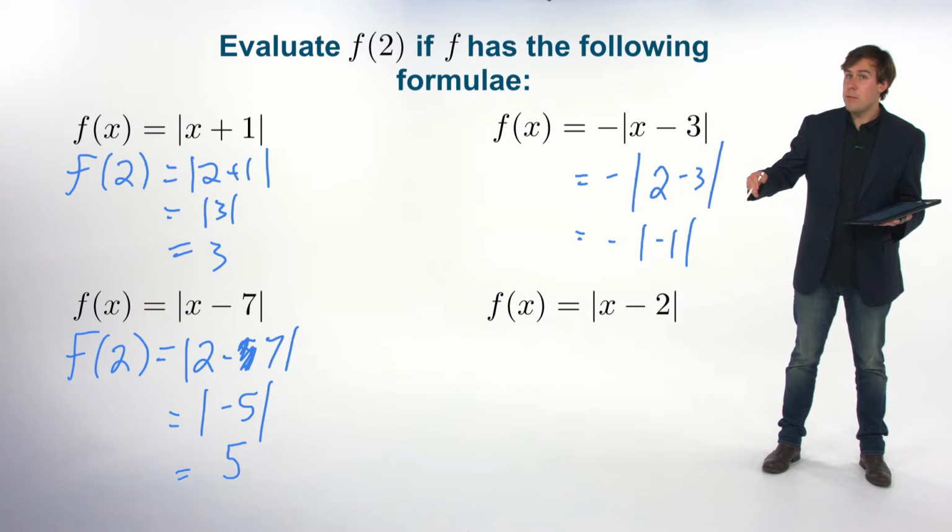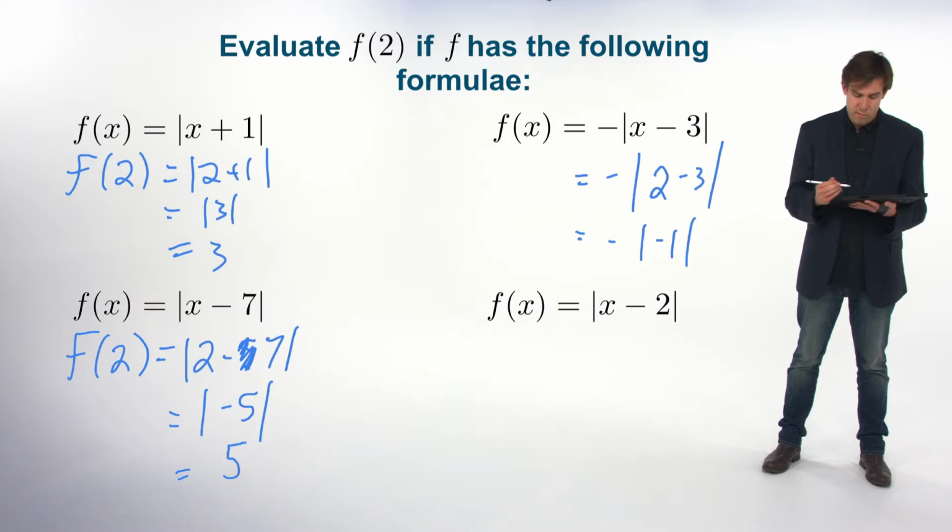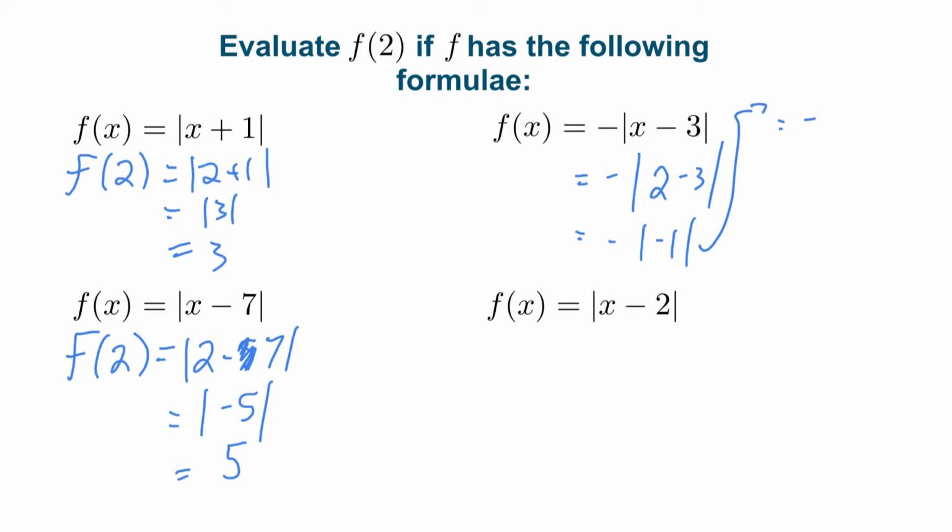The one inside the absolute value is automatically killed off by the absolute value function. So this is equal to negative 1. These are the absolute value bars. Okay? Unlike, say, just computing negative, negative 1, in which case the negatives would cancel. Here, the first negative is already canceled by the absolute value. So we look at our last example.